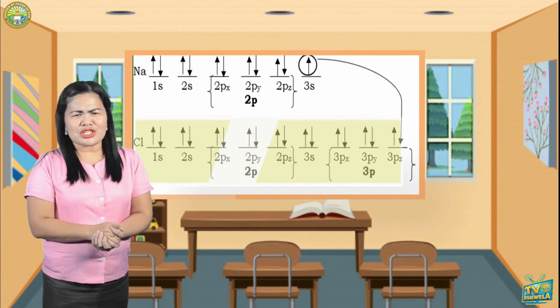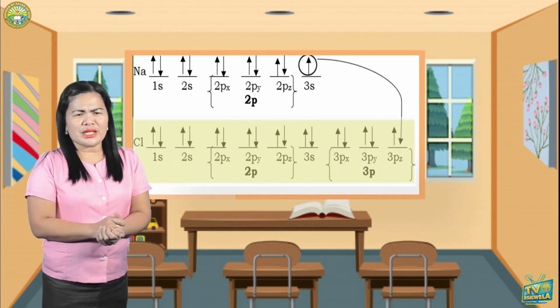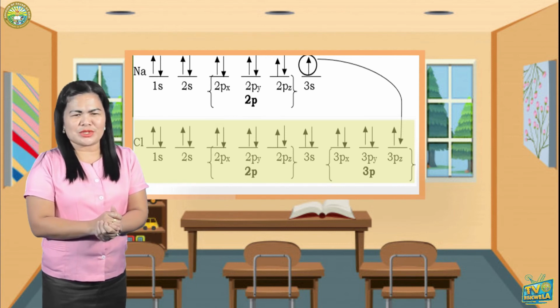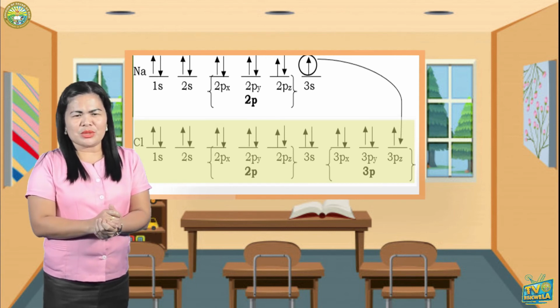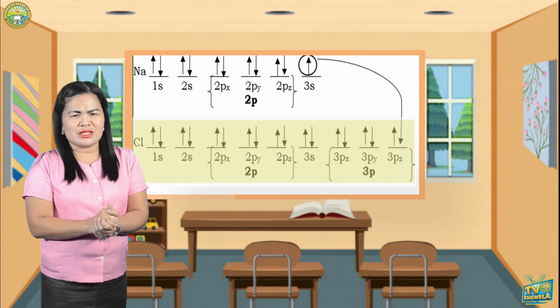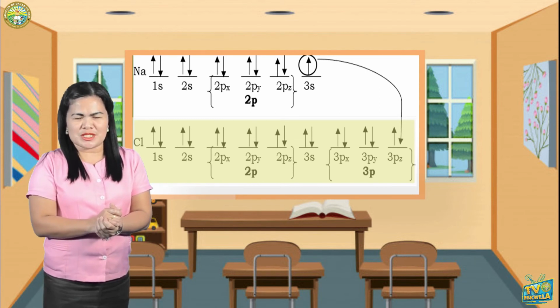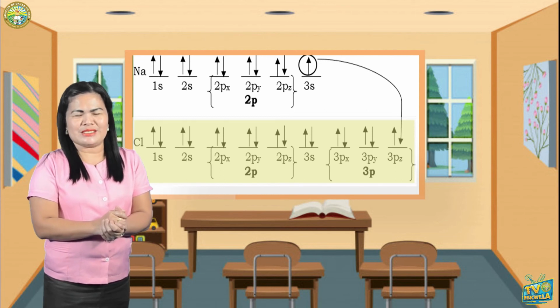The orbital notation of chlorine is 1s with 2 opposite spins, 2s with 2 opposite spins, 2p with 6 opposite spins, 3s with 2 opposite spins, and 3p with 5 spins.